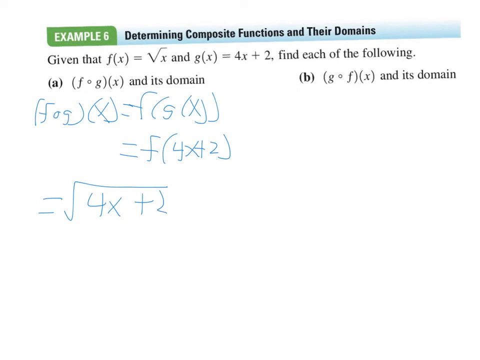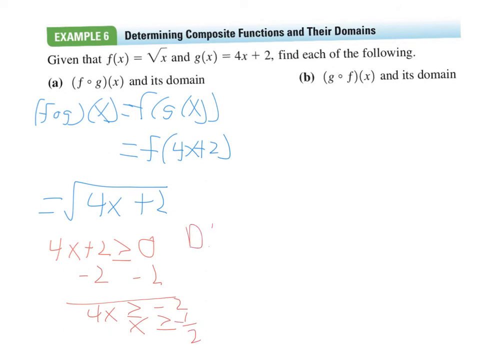Now to figure out the domain, the discriminant, the stuff underneath the radical, has to be non-negative. So 4x plus 2 has to be greater than or equal to 0. So now, if we solve for x, get the 2 on the other side, you have 4x is greater than or equal to negative 2, which means x must be greater than or equal to negative 1/2.